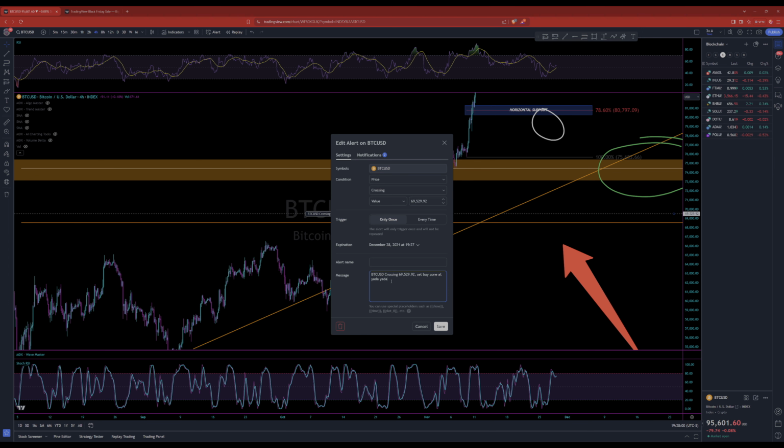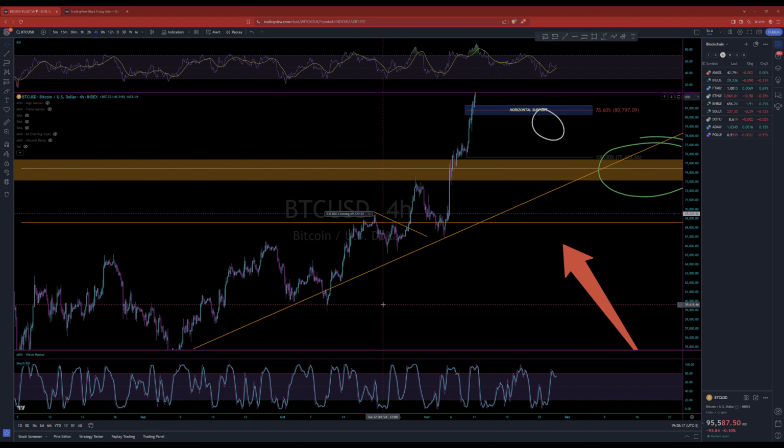But when you get it, you're like, oh yeah, I set this alarm because my thesis was once we break it, we could potentially get a really explosive move because of the weekly time frame. So that's why it's so important to have alerts. And that's one of the only reasons you would need to pay for TradingView.